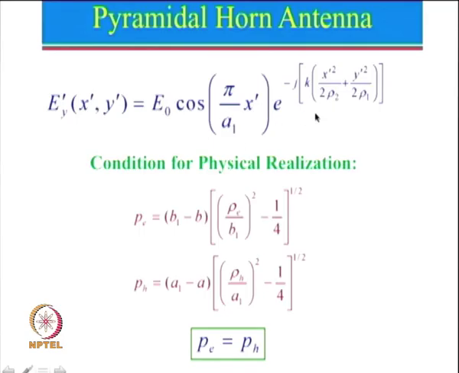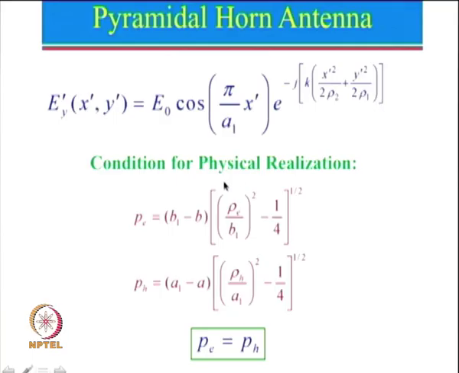However, the phase error has increased much more now, because the phase error now is the sum of the two phase errors. One time we are going in the A direction, and then we are going in the B direction. So, the phase error will be much more for pyramidal horn antenna.